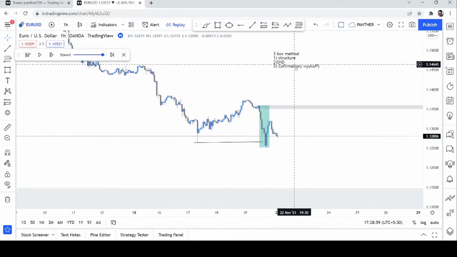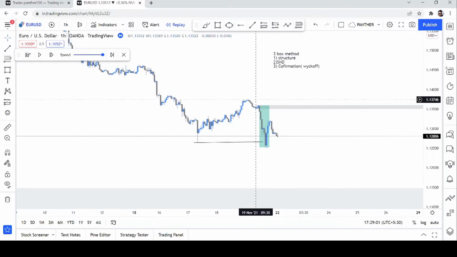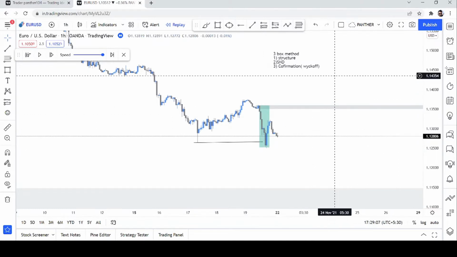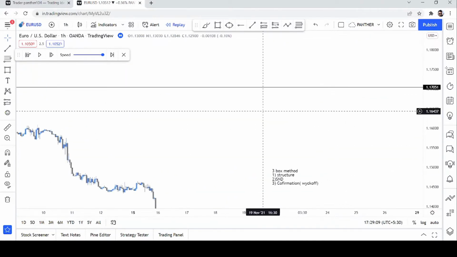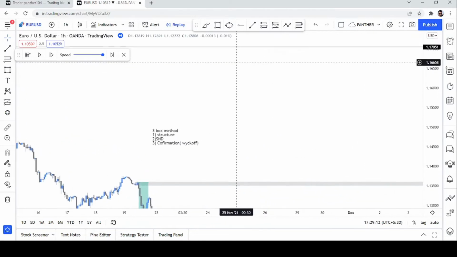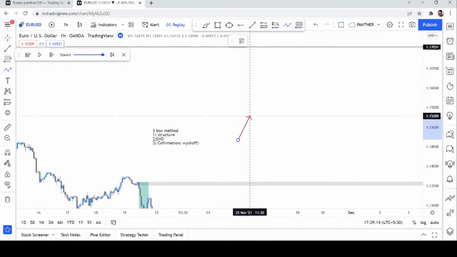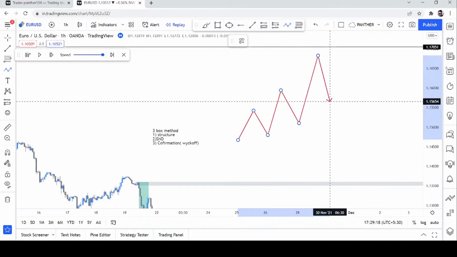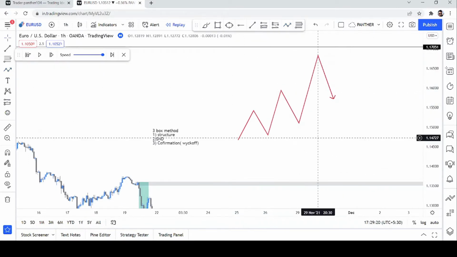And what's next? Structure wise, we found the break of structure. It's coming from this first box. The expectation is that, look, let me just give you the example first here. This is the expectation we're going to have. What do we see here?